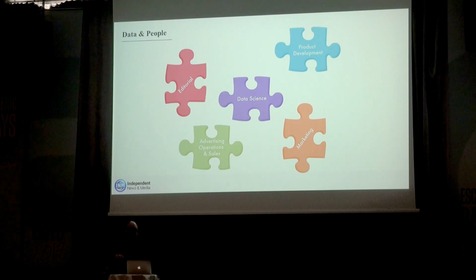It's also been a huge help for our product development team in terms of being able to look at how people are using the elements of our page, which widgets are driving traffic. How are we able to engage our audience, and what should we do to change our platform to engage them better? And at the center, we have the data science team, of course, because we're the center of the universe.